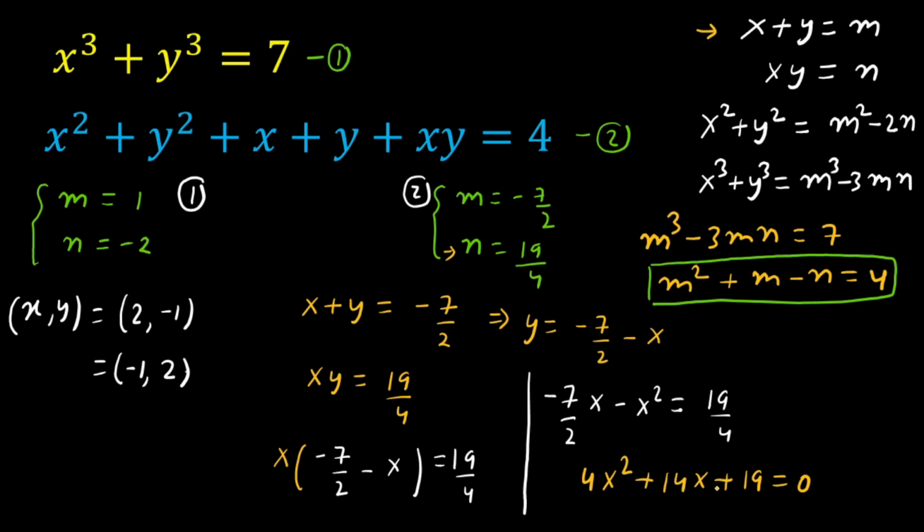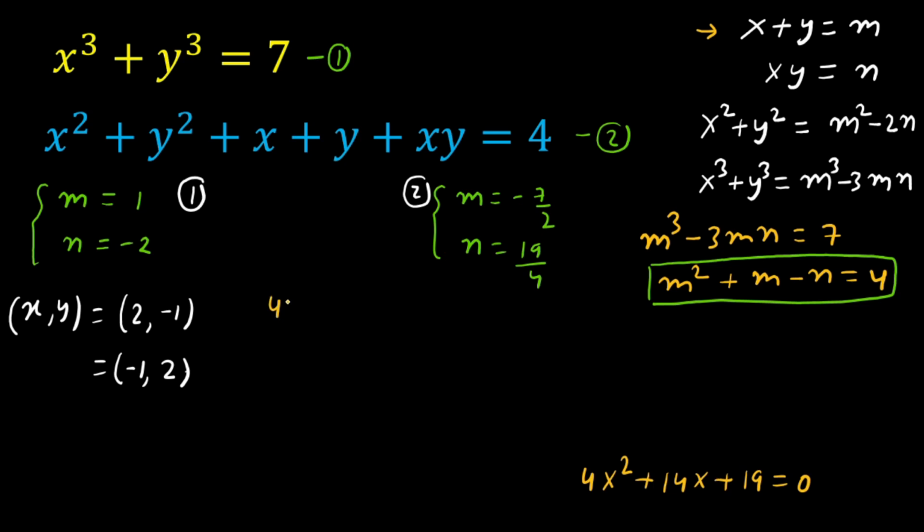This is a quadratic equation. Here first we will check the discriminant of this quadratic equation, because students, we will talk about only real solutions. The quadratic equation is 4x square plus 14x plus 19 is equal to 0, and we know that the formula of discriminant is D is equal to b square minus 4ac.